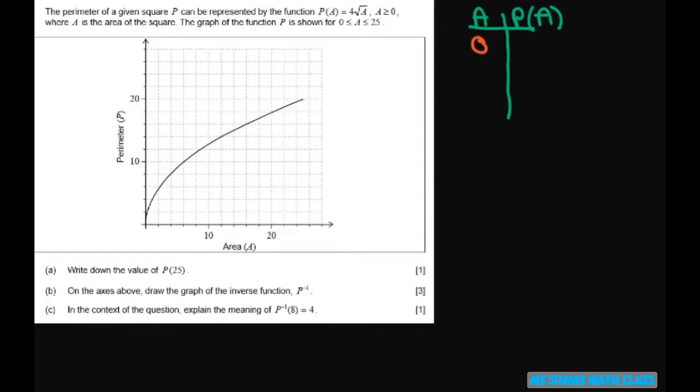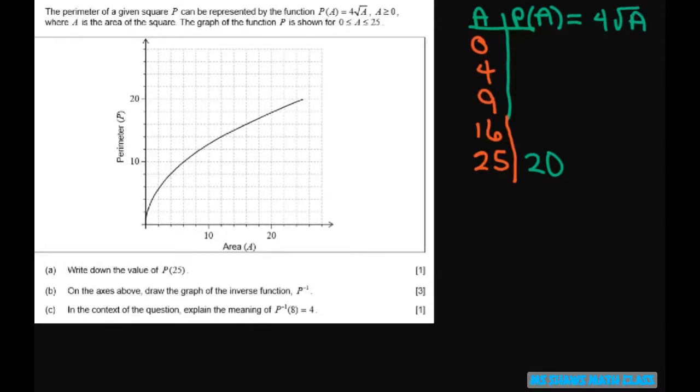So I'll use 0, 4, 9, 16, and then 25. Now we already found 25. That was 20. Now we just use P of A is 4 square root of A.